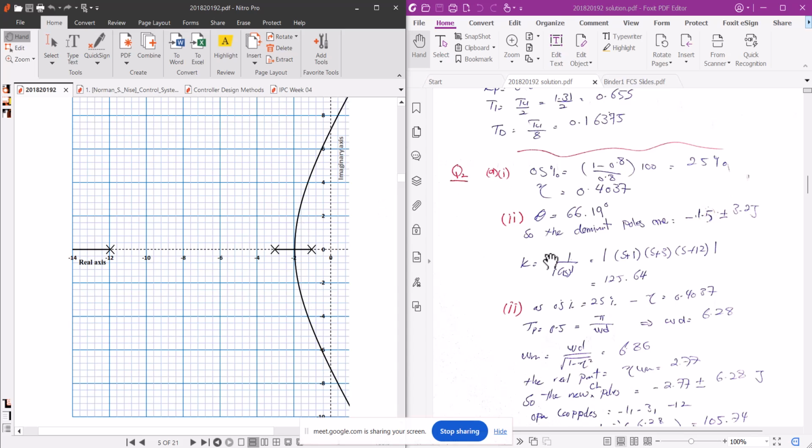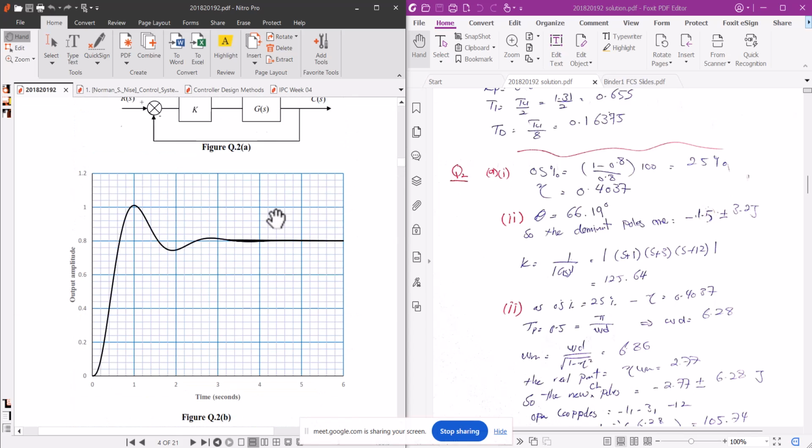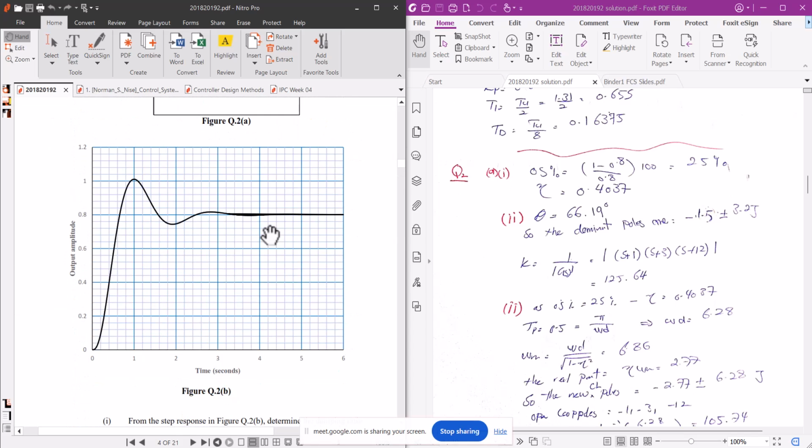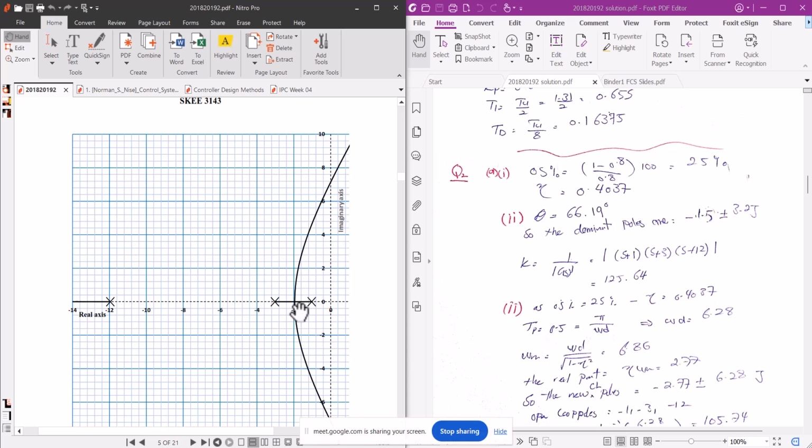Now we have to calculate the gain. Just put the formula k is equal to 1 over the modulus of g of s. What is g of s? This is g of s, and you can calculate it manually. It's s plus 1 into s plus 3 into s plus 12.